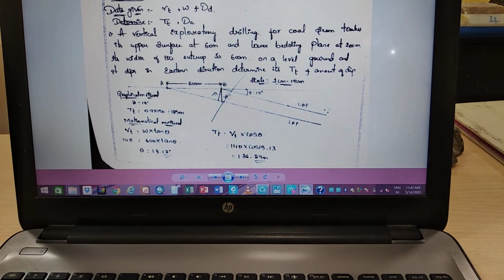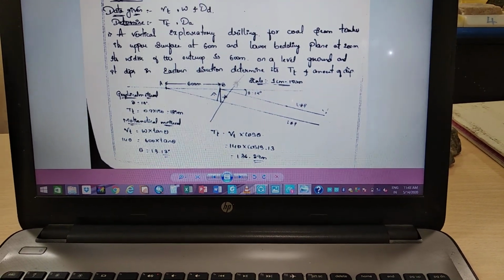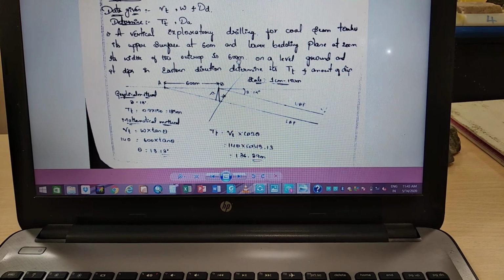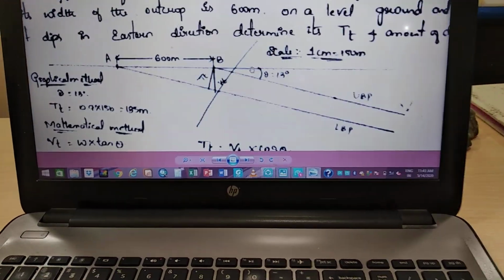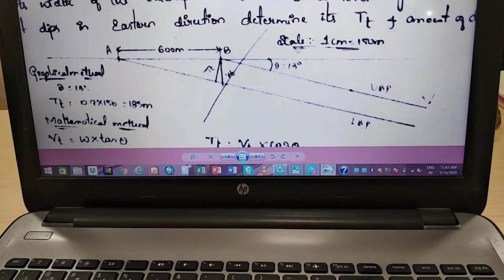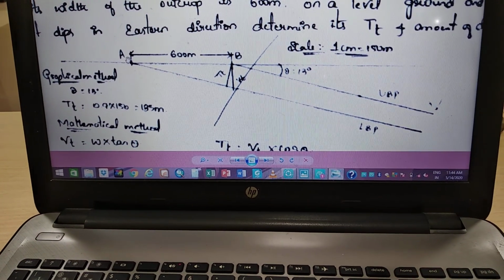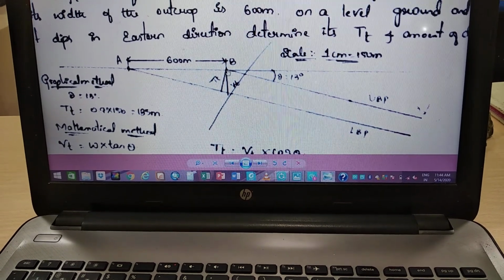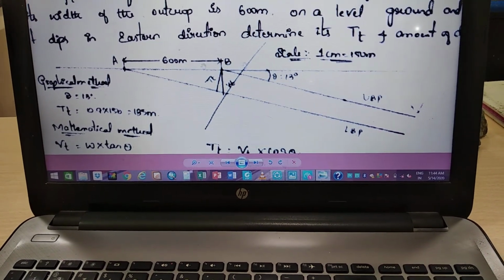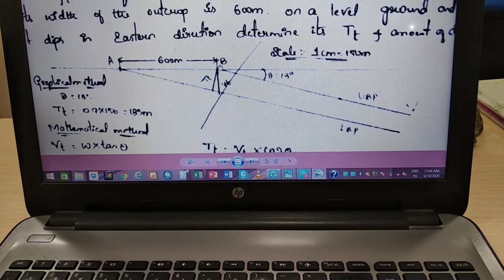So given this 600 meter width of the outcrop, you need to draw the ground surface first, and then you need to mark this point A here and measure 6 centimeters, say 1 centimeter per 100 meters, and mark the other point.